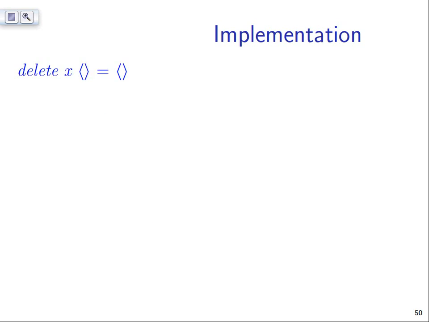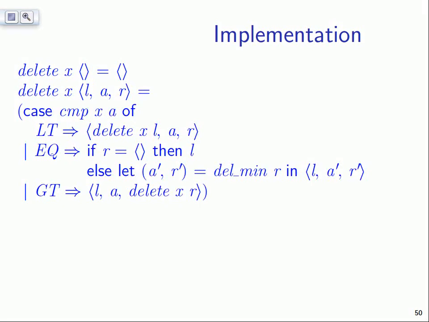And the delete function, that's the only thing where you have to do a little bit of thinking. Of course, the empty tree, you can't delete anything from there, it just remains empty. And otherwise, if you have a node, how to delete an element from a tree with a node A in the middle? Well, one way is to delete in the left part or delete in the right part, if it's in the left or the right part.